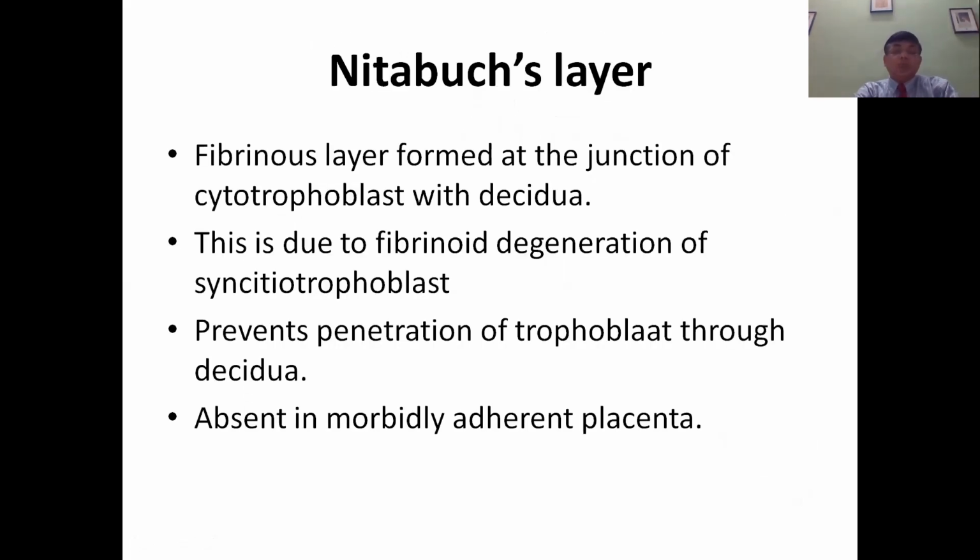So, take down Nitabuch's layer. Point number 1: it's a fibrinous layer formed at the junction of cytotrophoblast with decidua. Point number 2: this is due to fibrinoid degeneration of syncytiotrophoblast.